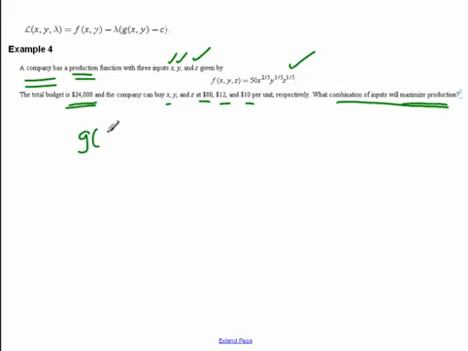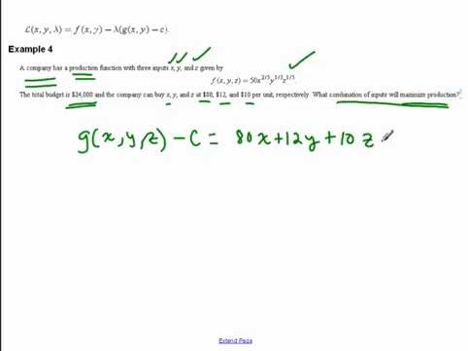So we know that g of x, y, z minus c equals 80x plus 12y plus 10z minus $24,000. So this is that right there. And here's my function right here. So in this case, I've got four variables, x, y, z, and lambda.